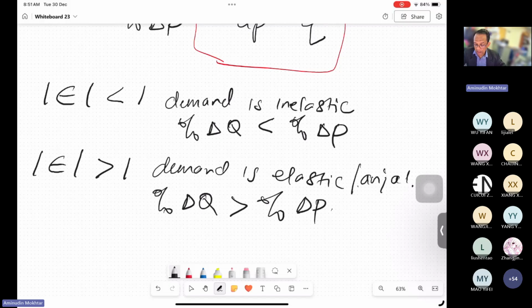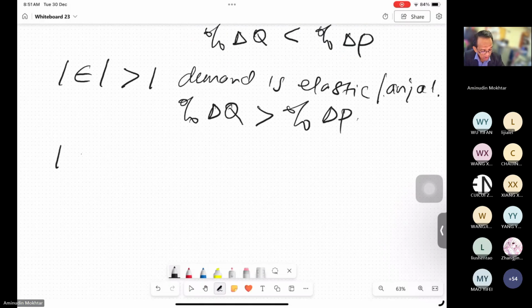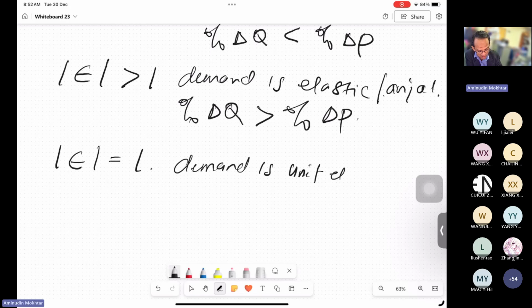And then if the absolute value equals 1, in this case we can conclude that the demand is unit elastic. The demand is unit elastic when E equals 1.